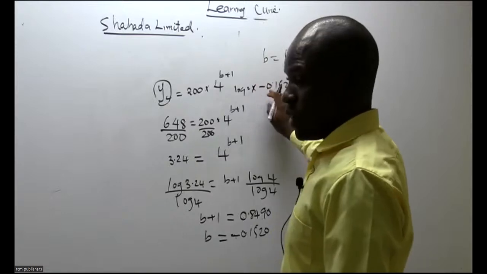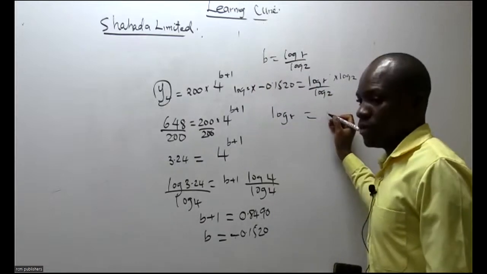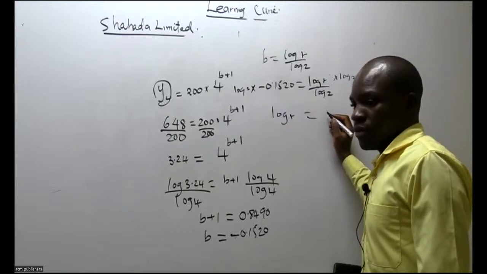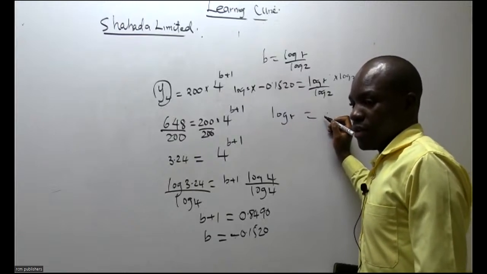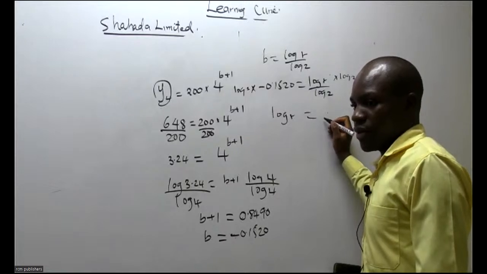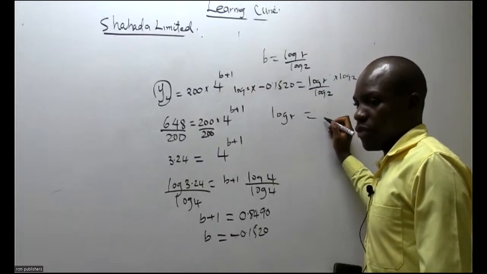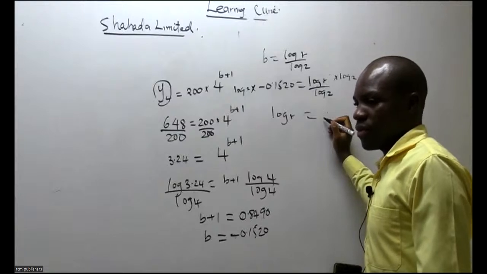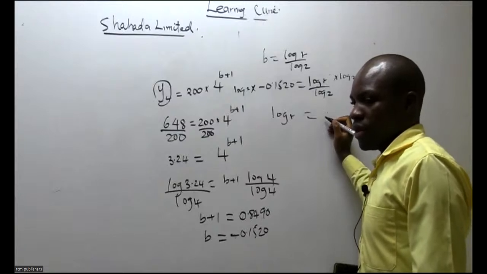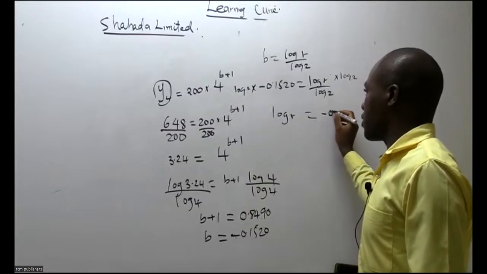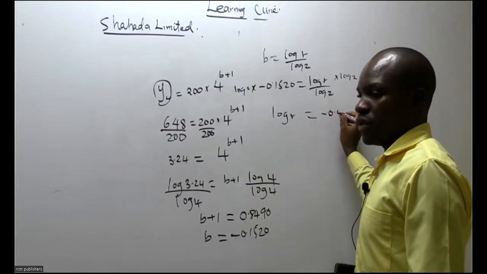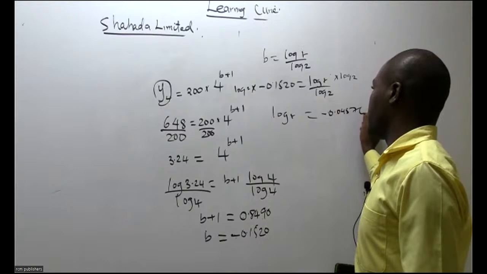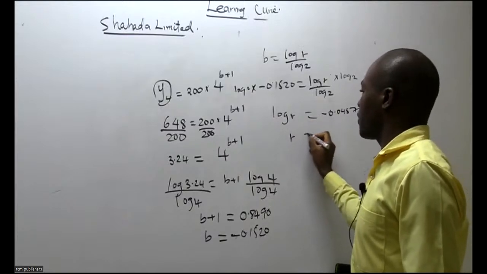Log 2 multiplied by this negative, what will you have here? Log 2 times negative 0.1520 gives negative 0.04576. So give me the antilog of that.